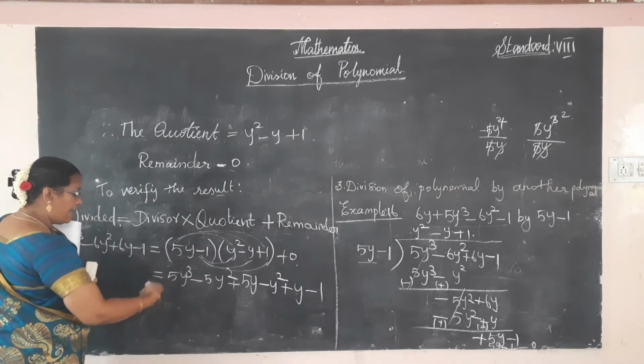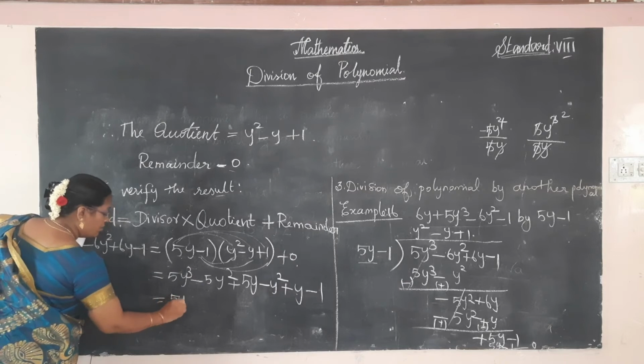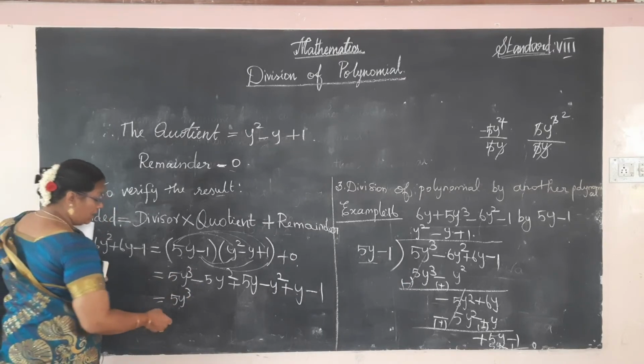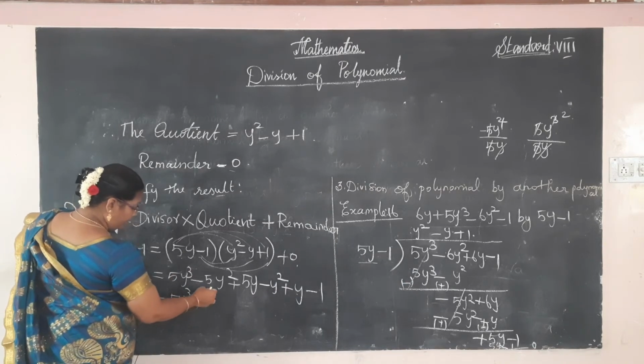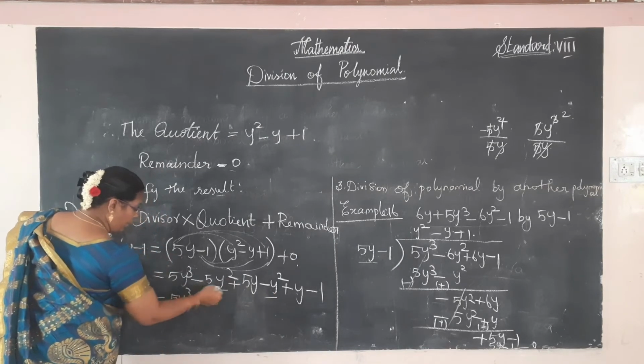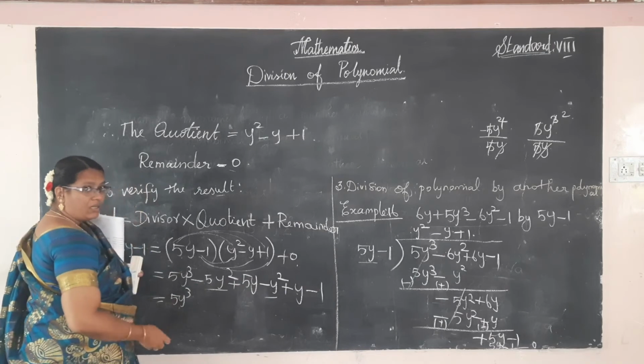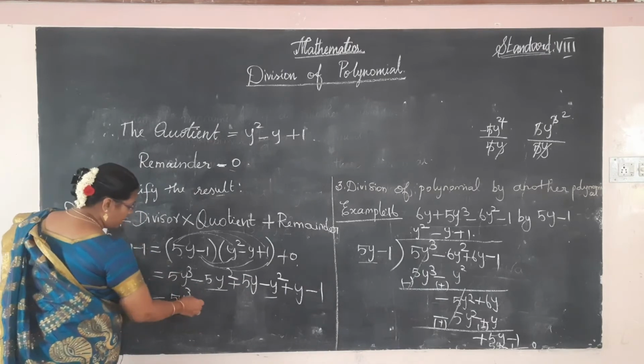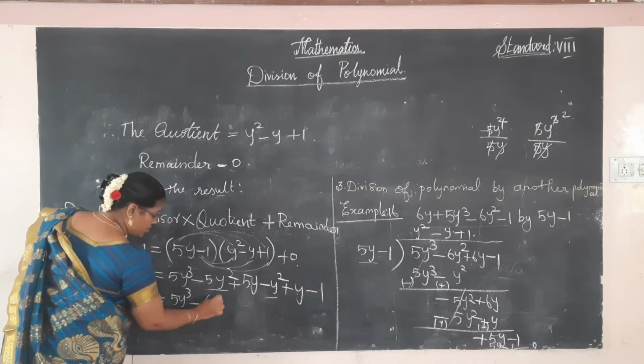So arrange the like terms. y power 3 does not have any like term, y square has like terms. Both have the same sign, so what do we do? Add and put the same sign. So minus 6y squared.